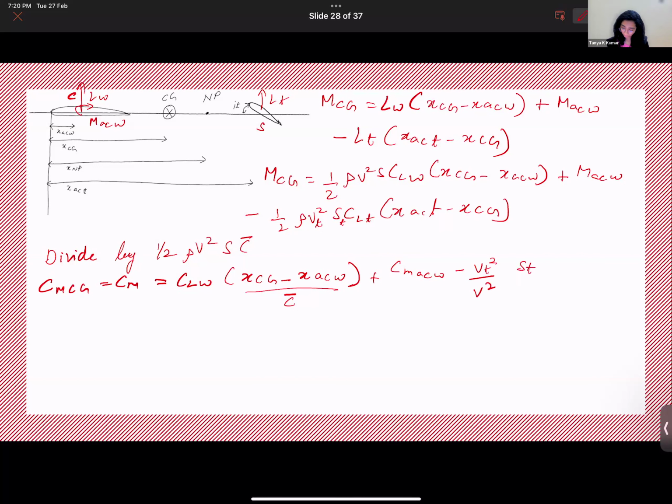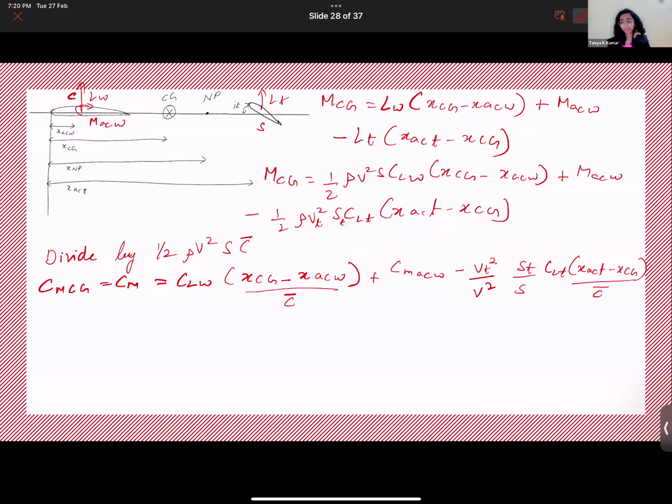Here it will be ST upon S, CL tail, and the distance is the same: XAC tail minus XCG by C bar. Anything left? No. When it's divided by C bar we'll just represent it by an overhead bar, so it will be X bar CG, X bar ACW.